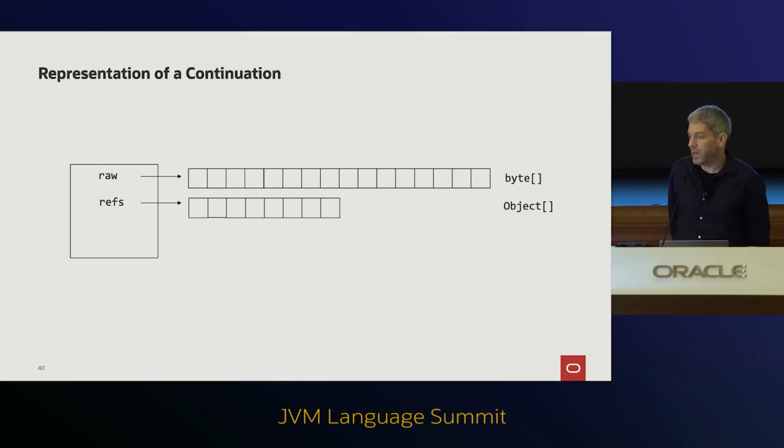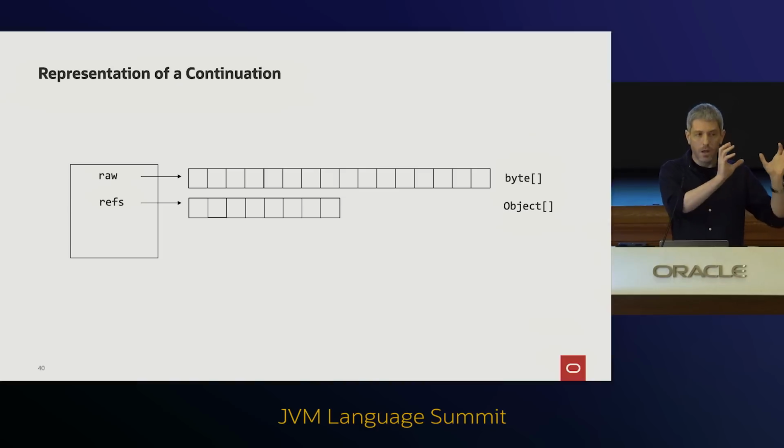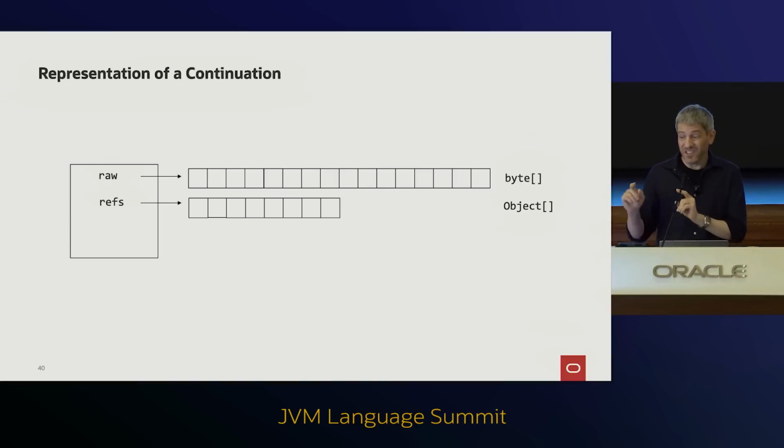So you say, okay, let's do something straightforward. The continuation will store the frames inside two arrays. And if they need to grow, like an array list, we'll just reallocate them and double their size. So we have a byte array, and into the byte array we copy the frames as is, with our oops, but the GC doesn't know that there are oops inside a byte array. Then we extract the oops and put them inside the object array.